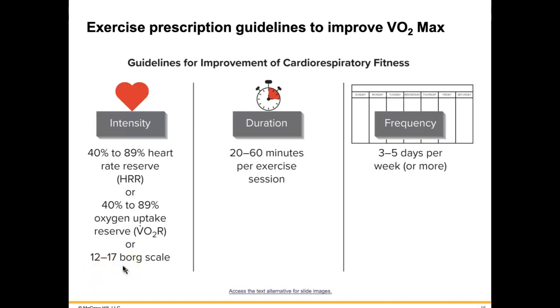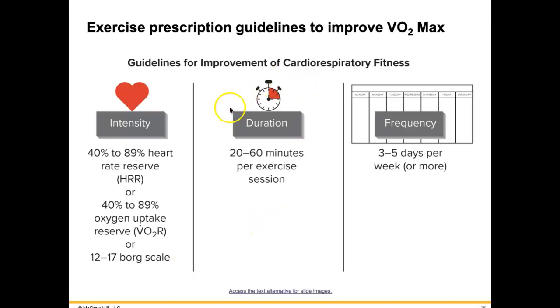Now, in order to measure heart rate, we need to make sure we measure it immediately after we stop exercising by recording the pulse for about 10 seconds within the first 15 seconds of stopping that exercise. And we can use either the radial artery or the carotid artery in order to do this. Now, most of the time we have fancy devices such as watches or bracelets or heart rate monitors that we can use. Depending on what device you're using, the accuracy can be variable, but there are many devices that are pretty accurate at measuring heart rate.